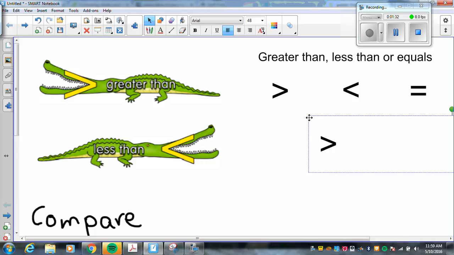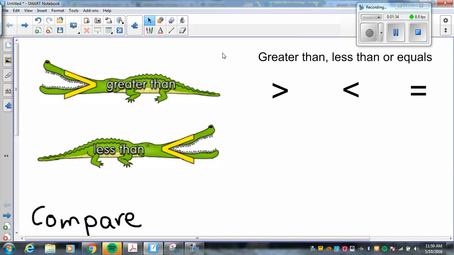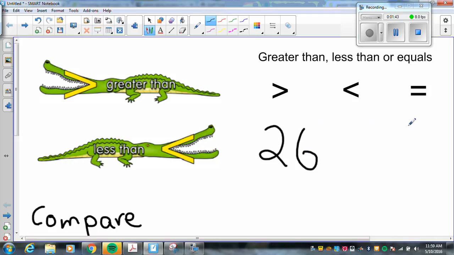Okay, let's have a look at another example with this. If I have, again, two numbers, let's say we have 26, and over here we have 31. Well, it's exactly the same thing.